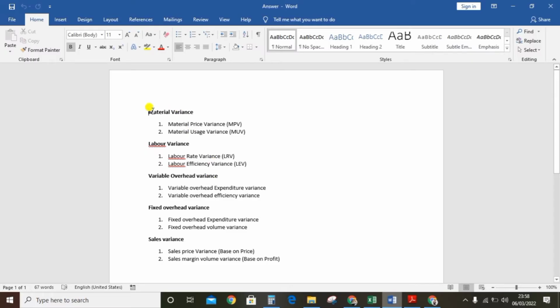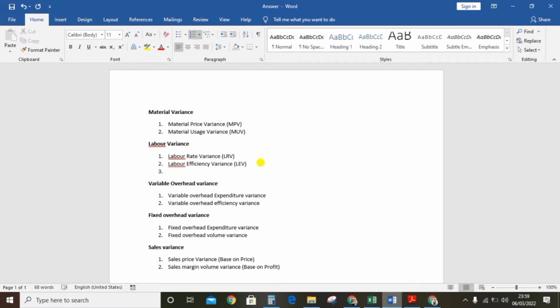First, the material variance. Under the material variance, we need to calculate two variances: material price variance and material usage variance. Under the labor variance, we need to calculate three variances: first, labor rate variance; second, labor efficiency variance; third, idle time variance.